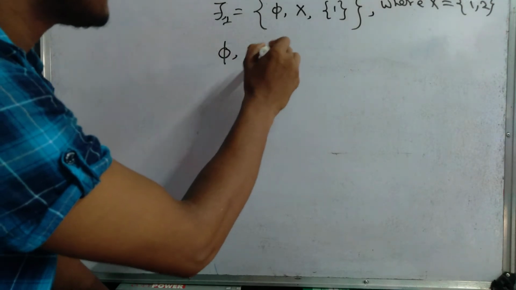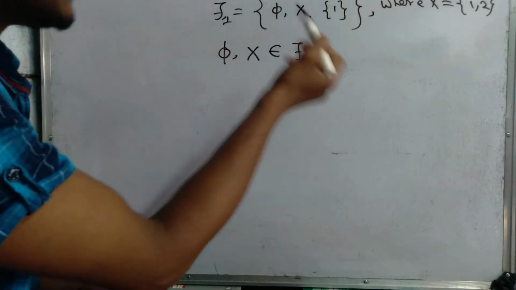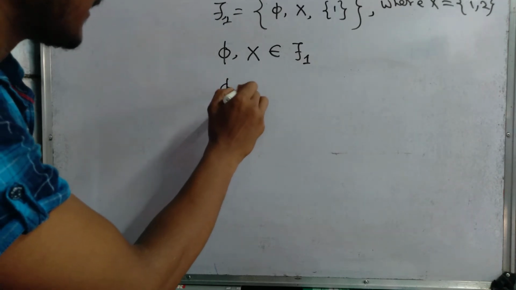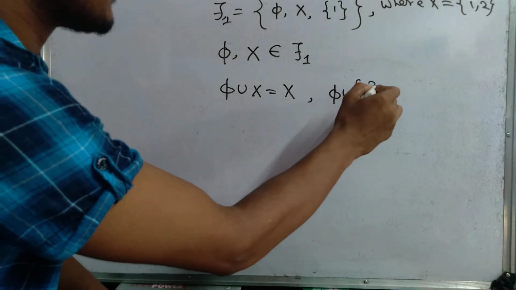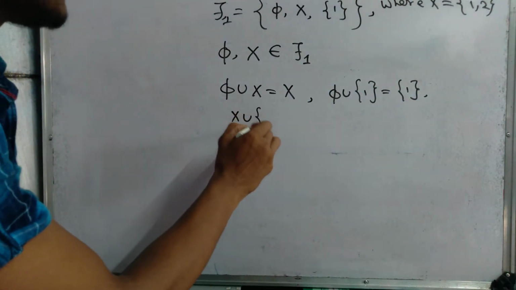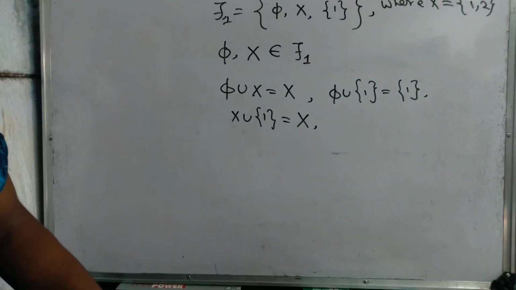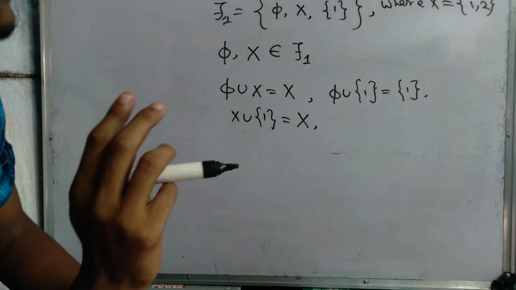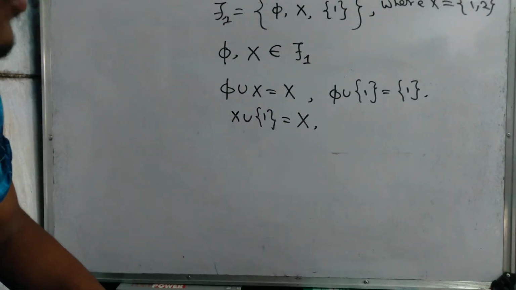First we see that phi and X belong to tau 1. Next, phi union X equals X. Phi union singleton 1 equals singleton 1, and X union singleton 1 equals X. So all unions of two sets from this collection obviously belong to tau 1.